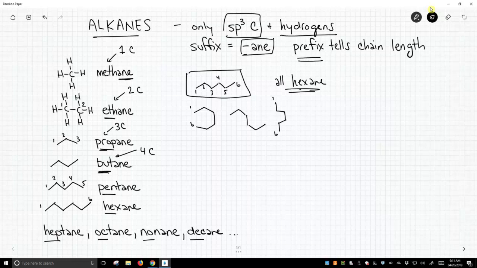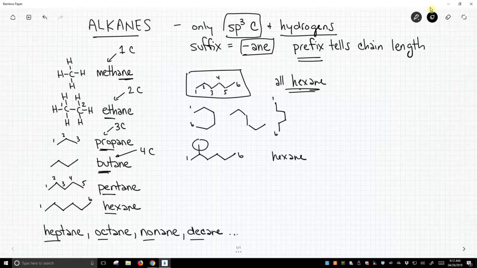Now, our alkanes can have groups coming off of them. So this is hexane, and now we can put another line coming off here. So here is our longest continuous chain, and that determines the name. This is some kind of hexane, and it has another carbon group off here. And you could say, well, that looks like a methane coming off our hexane.